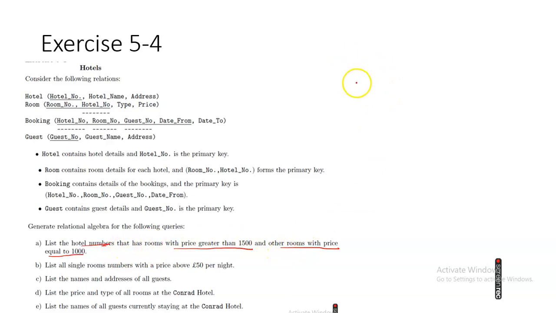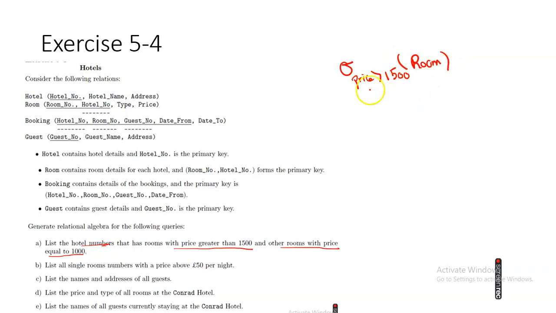Okay, let's divide this into two queries. Let's get the hotel numbers that have rooms with price greater than 1500. Okay, so we are going to select price greater than 1500 from room.